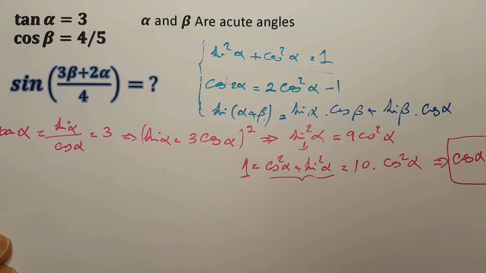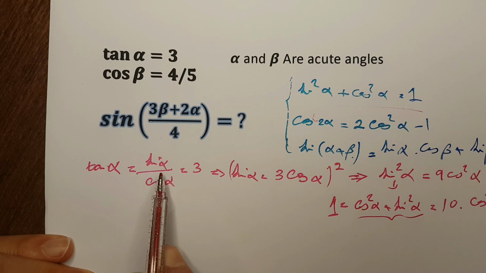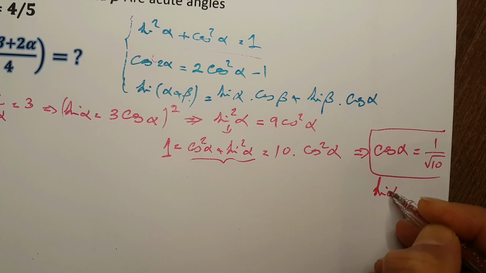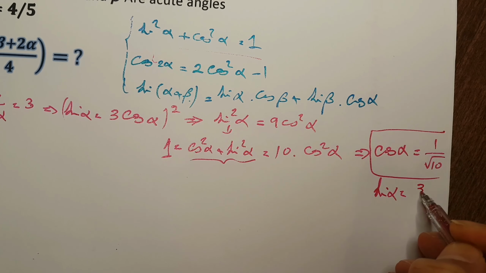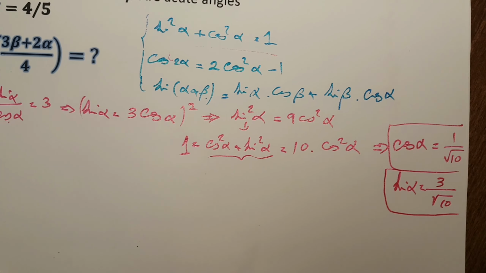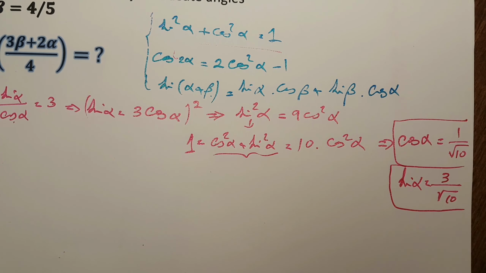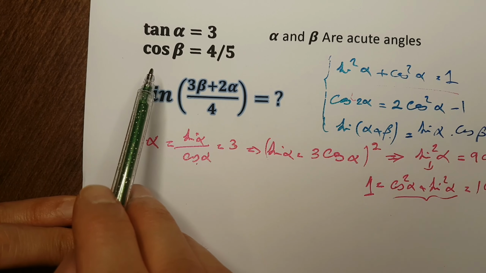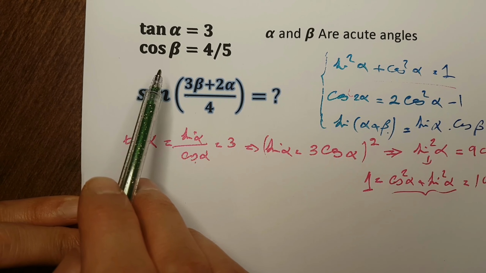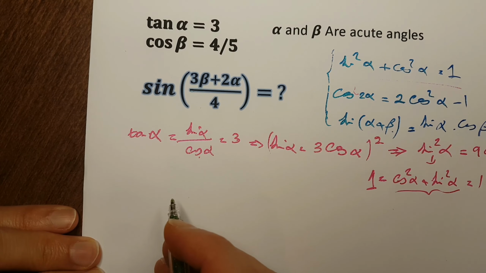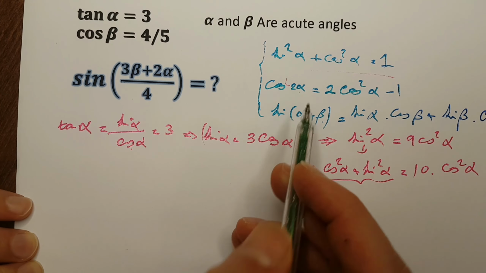So from there and this relation here, we can find that sine of alpha is 3 times cosine of alpha, and then sine of alpha will be 3 over square root of 10. Let's have these two in mind and carry on with the rest of the question. So let's calculate cosine of 2 alpha from this relation.